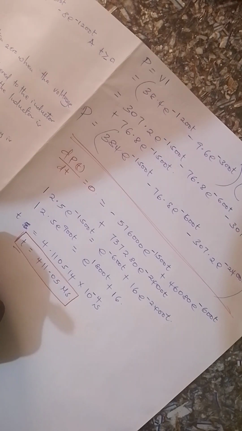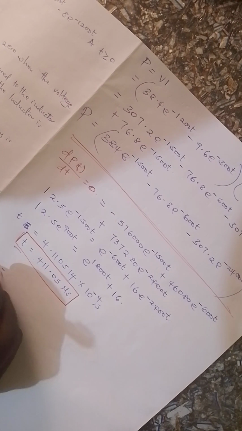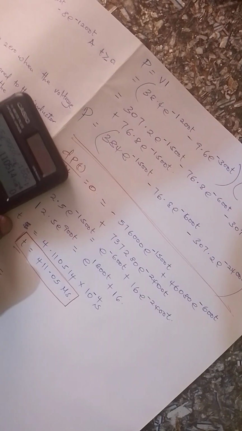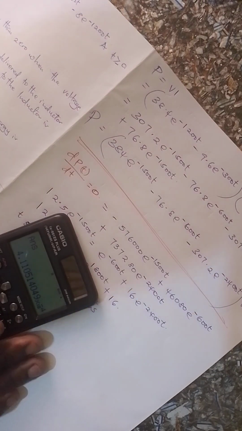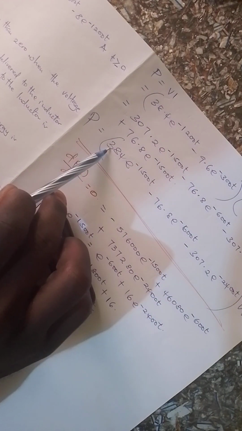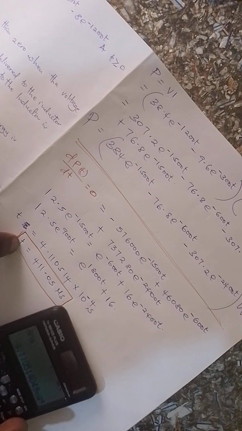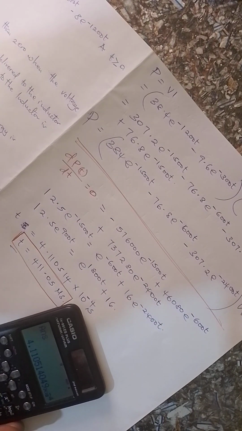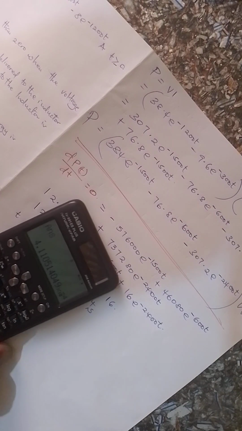So at power maximum is equal to, so this is the instance of time. In this particular equation, we will be replacing t with 411.05 microseconds.